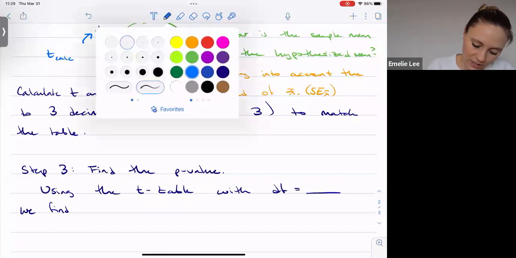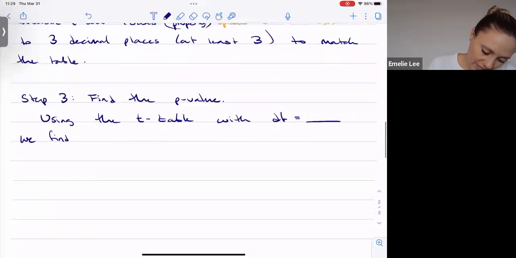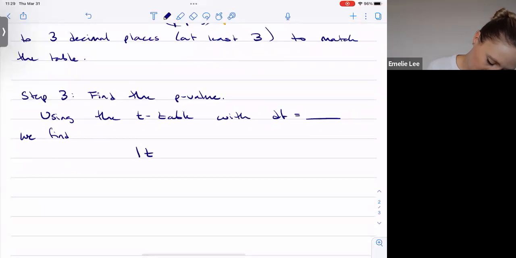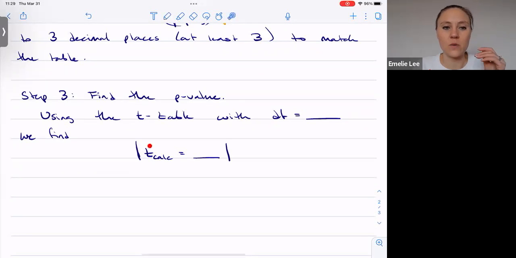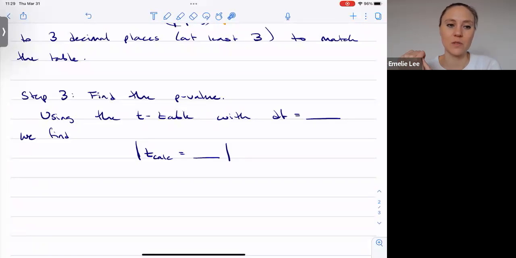So we find that the absolute value of the t calculated is equal to some number. We have to take the absolute value, right? If it's positive, it doesn't do anything. If it's negative, it makes it positive. Because of symmetry, it doesn't really matter, but the table only has positive values. So to work with the table, we need to take the absolute value.